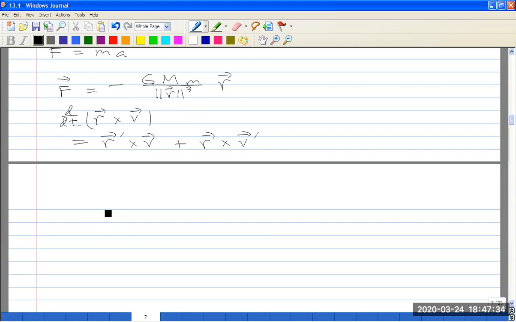So this is equal to, well, r prime is just v, and v prime is a.